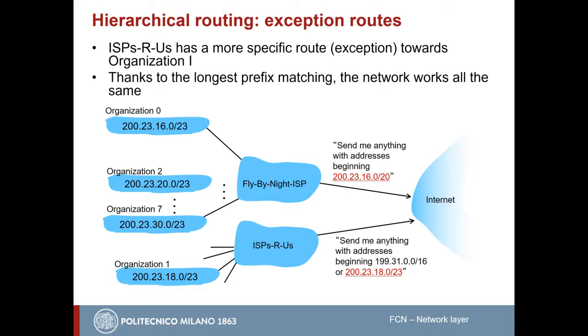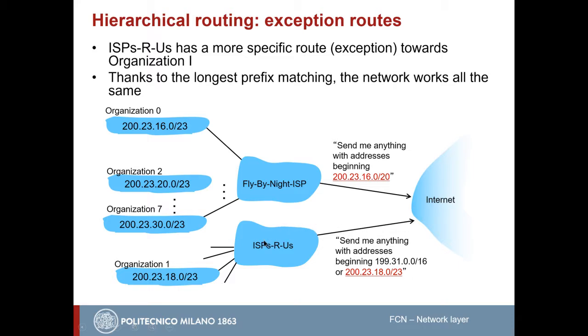This is called exception routing because it means that you have to send all the packets that are matching with this entry here, and this entry is the aggregation of this network, except, this is why exception, for packets that are also matching with this more specific block. This more specific block is located in another place, so the packets that are matching with this specific block have to follow another path.